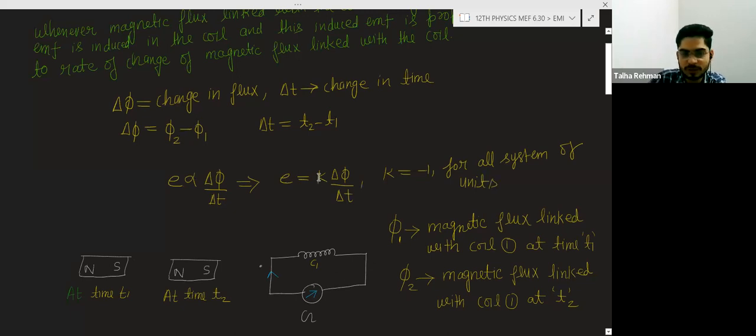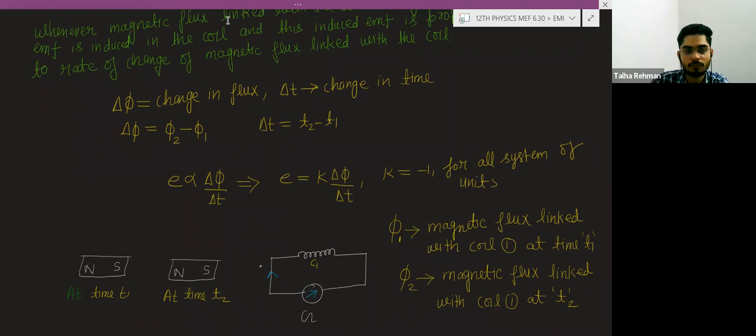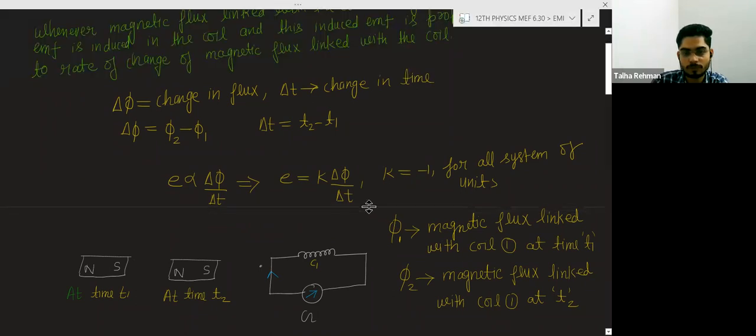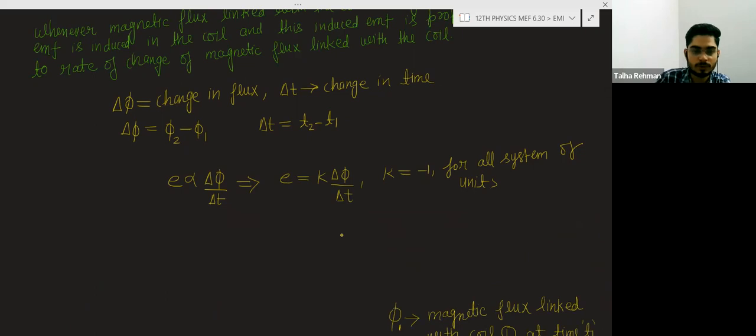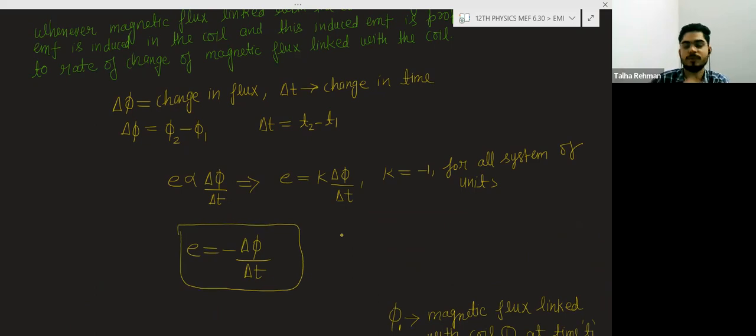When you put this value of k as -1, finally you will get EMF equal to minus delta phi divided by delta t. This will be your formula: induced EMF is equal to negative of delta phi by delta t.